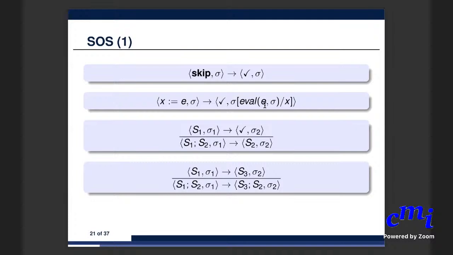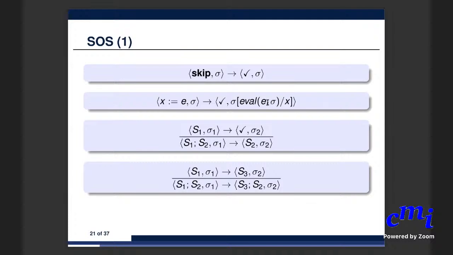So if you want to model errors explicitly, there is a way you can do that. In this case, we'll say if one of the arguments to any of the operators is undefined, it is undefined. And to that extent, eval, I'm assuming, is complete.